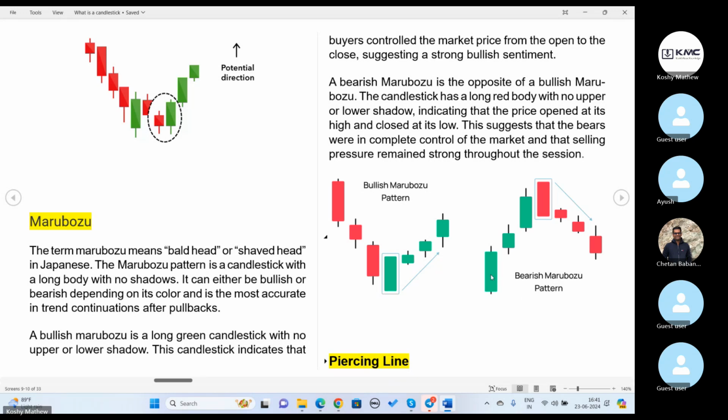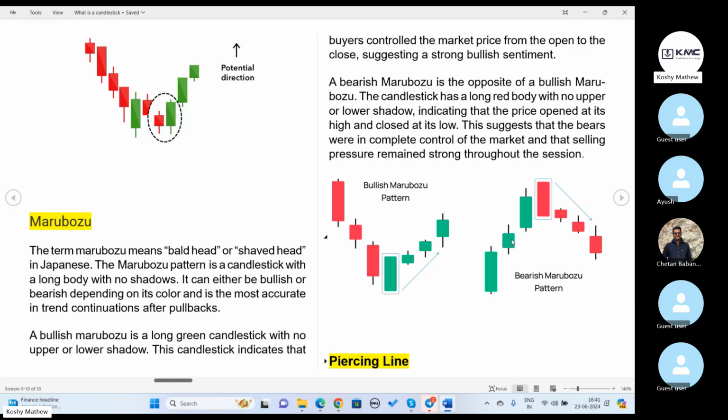Market going up, up, up. Suddenly you see a red Marubozu, which crosses 50% of the previous candle and is a huge candle. What will happen? All the people who went long will panic. First, who will panic? The ones who entered on the third candle, because they immediately start seeing losses.